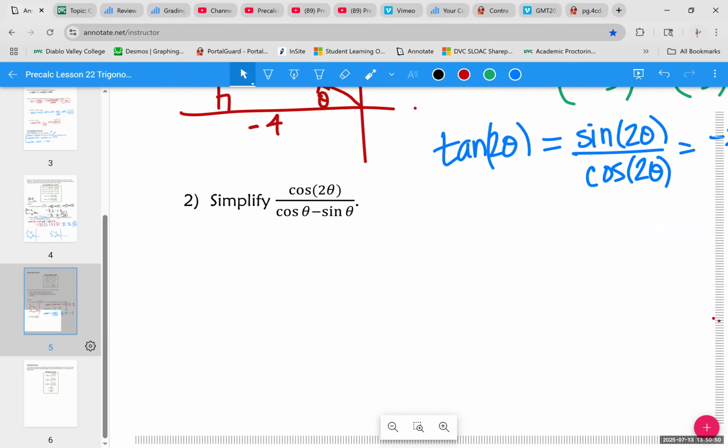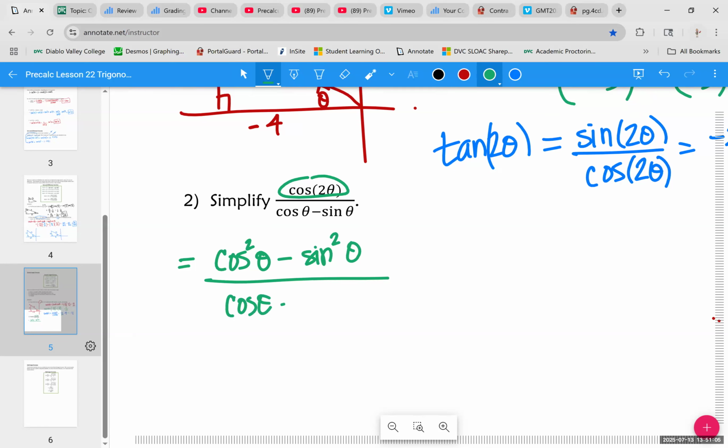So what we're going to do in the first step is just do the substitution, because we know that cosine of 2 theta is equal to cosine squared minus sine squared. You cannot cancel anything at this step. Everything is a term.